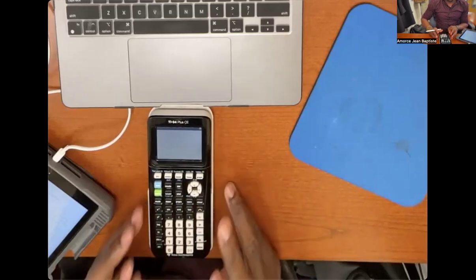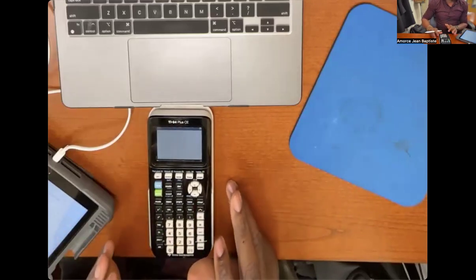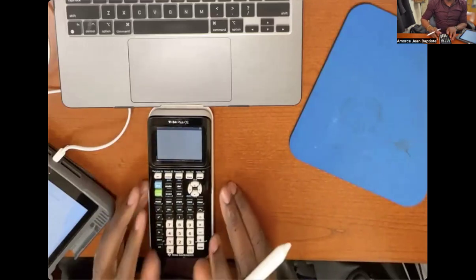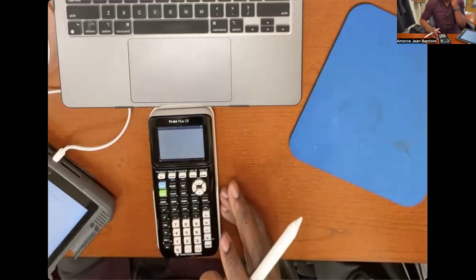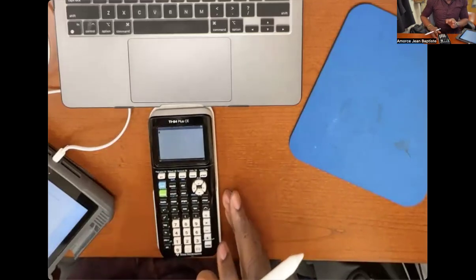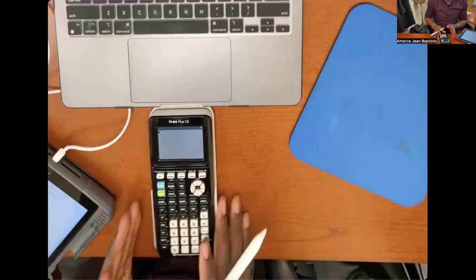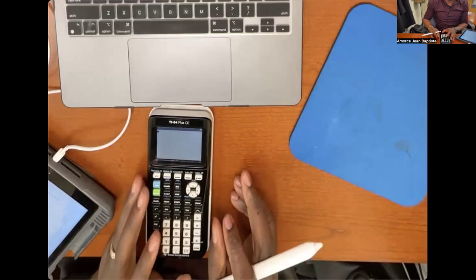You're going to try to find a table that has some values that you need in order to sketch your graph.